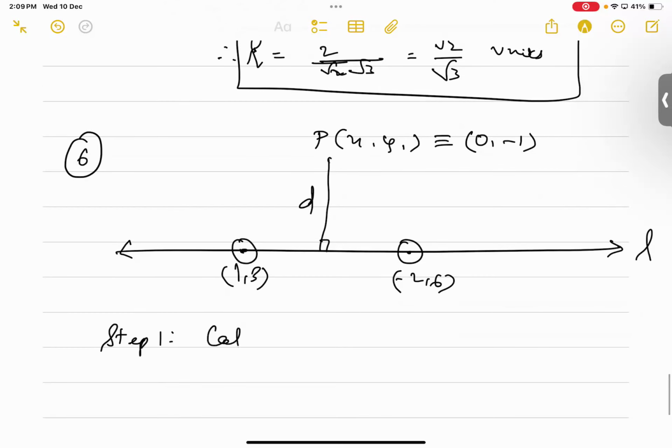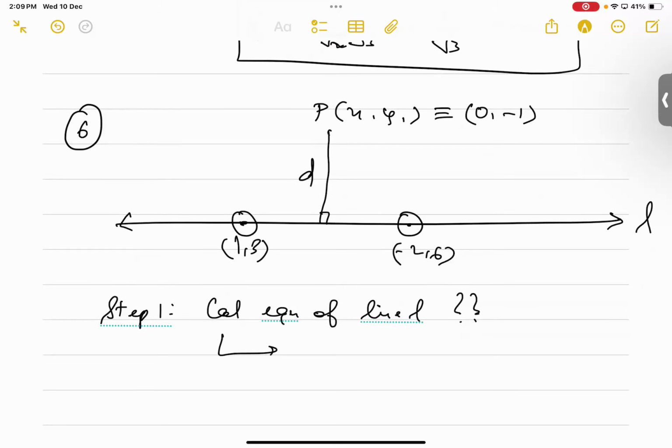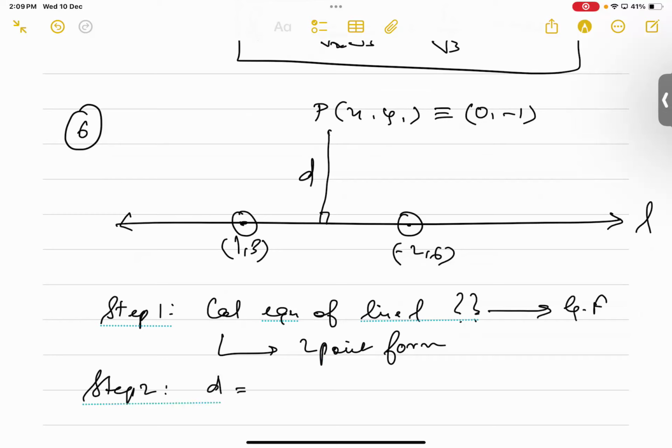Step 1, calculate the equation of line L. How? Slope is given. Slope point form or 2-point form. Which are the 2 points on line L? 1, 3 and -2, 6. So by 2-point form, you can calculate the equation of the line L. And then step 2 is what? Calculation of D. Calculate the equation of line L in general form, ax plus by plus c is equal to 0.